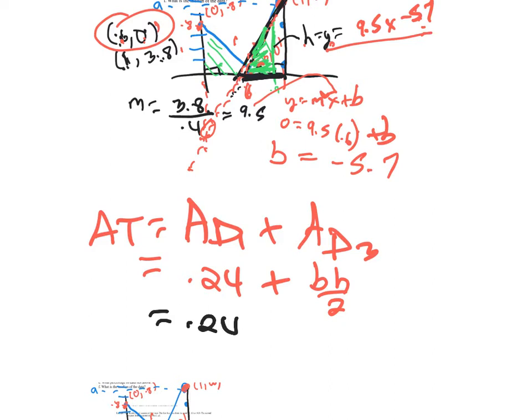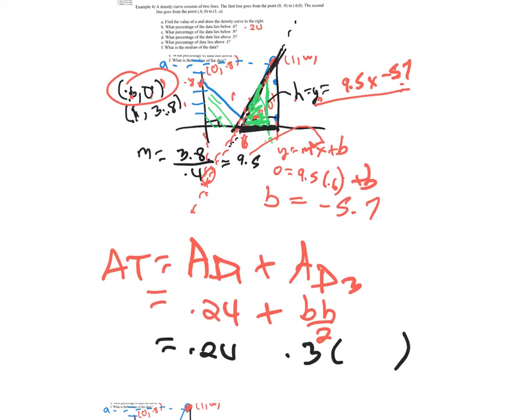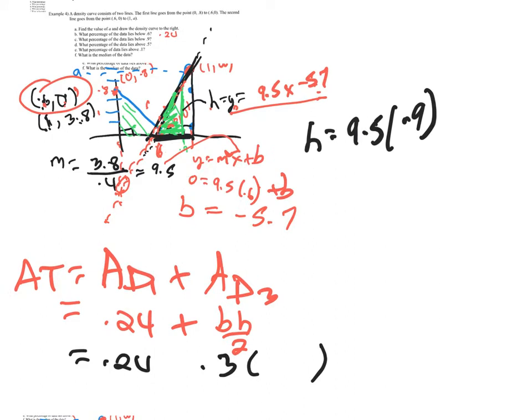It only goes to 0.9, remember? 0.3. I was asking somebody to calculate what that height was going to be. By plugging in 0.9, the height was 9.5 times 0.9 minus 5.7, which is 2.85.